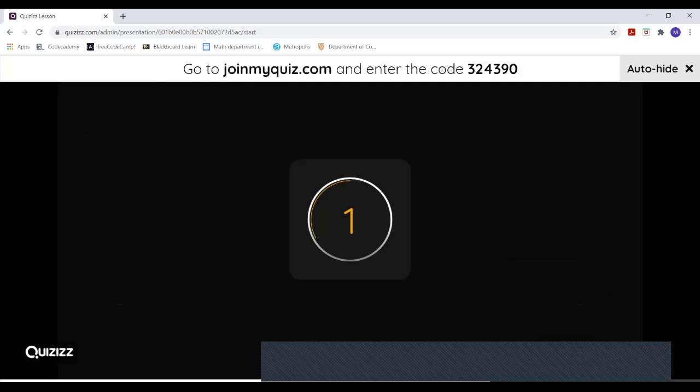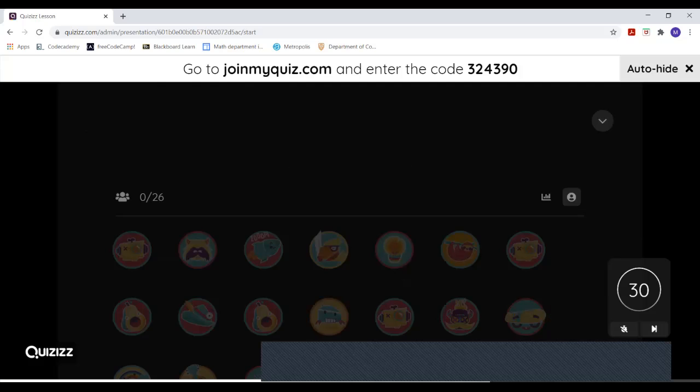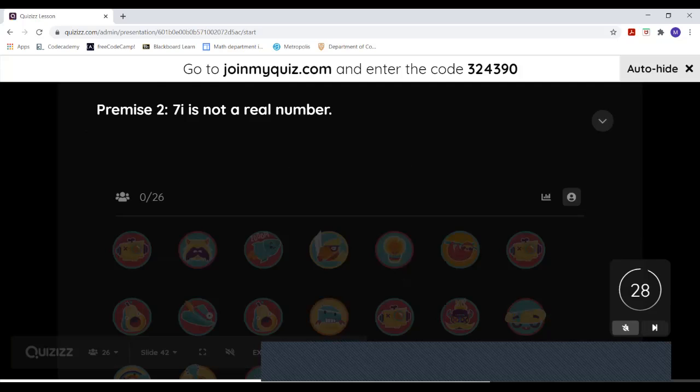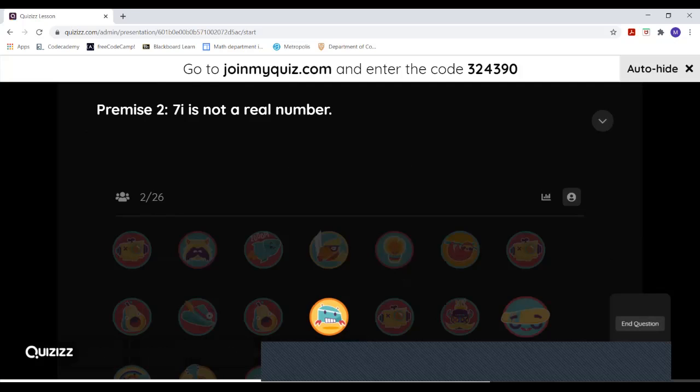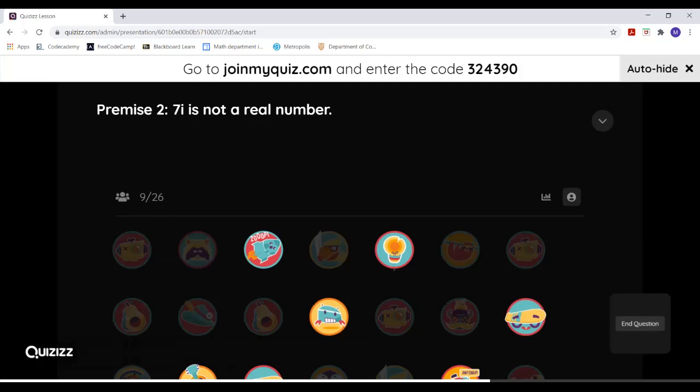Okay, so if I look at this as a Venn diagram, what does the Venn diagram for this thing look like? Now I know my Venn diagram looks like the subsets. Now I'm putting the X in there to represent that 7i is not a real number.